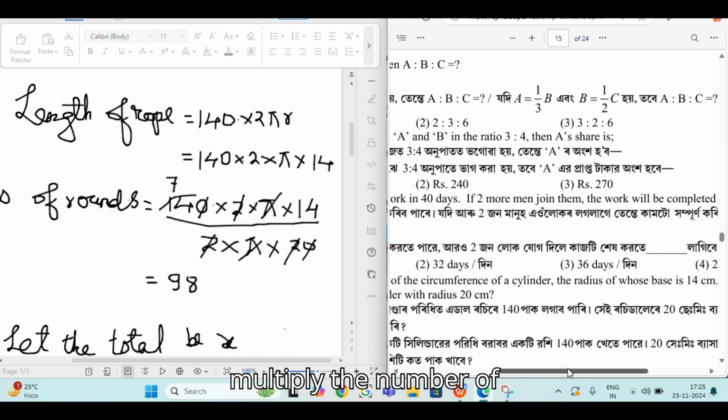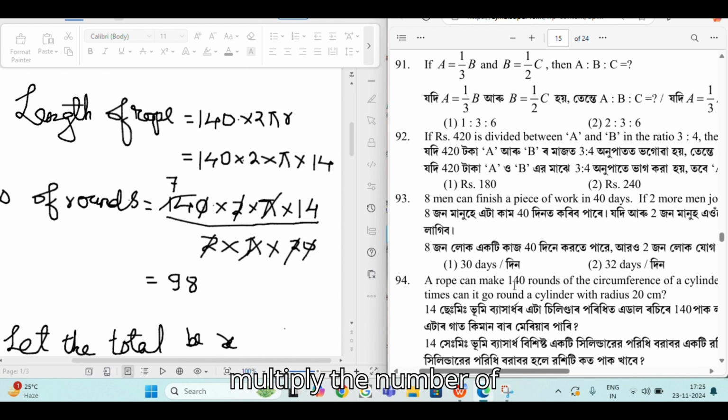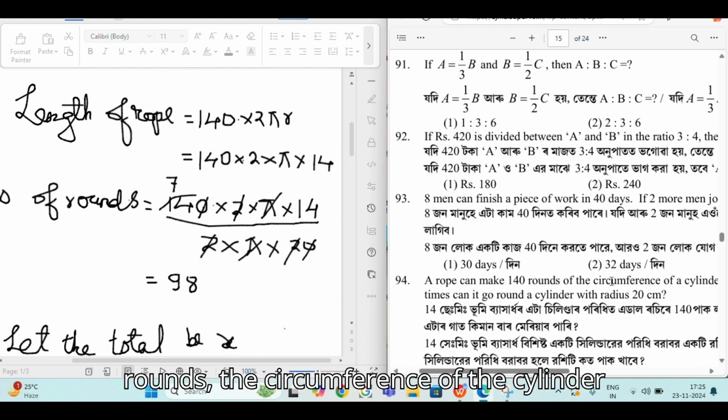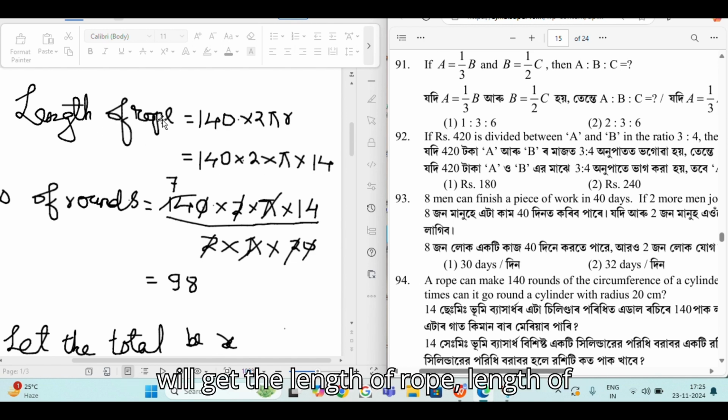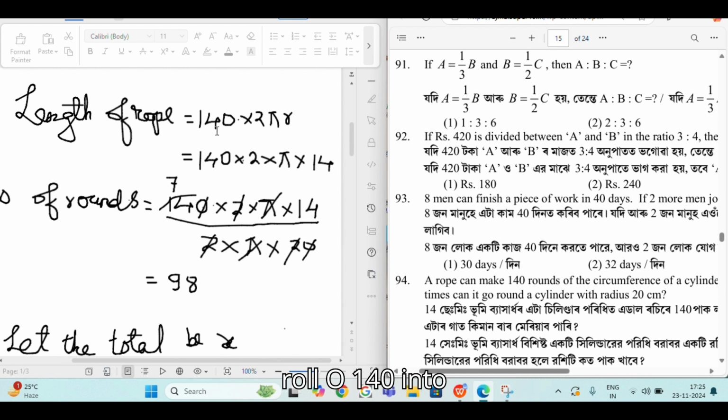If we multiply the number of rounds with the circumference of the cylinder, we will get the length of rope. Length of rope equals 140 into the circumference of a cylinder, so it will be 2 pi r.